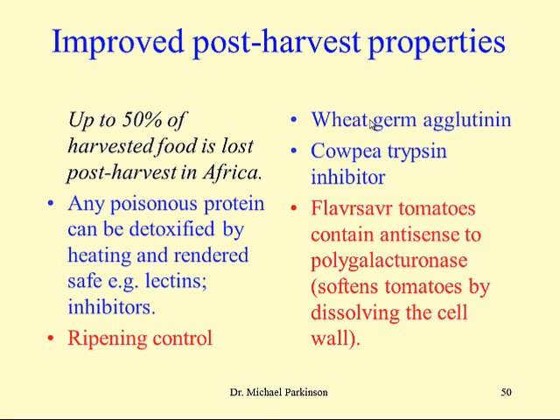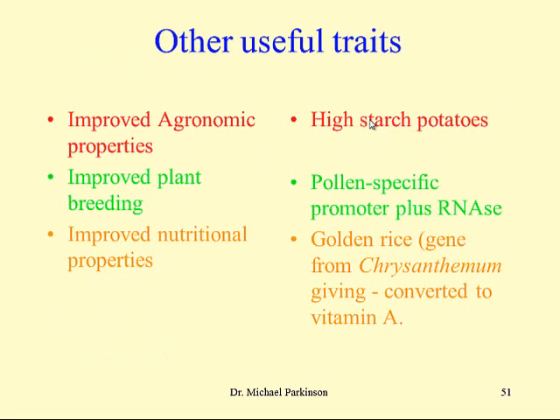Ripening control has been introduced into plants, as I said, by Flavr Savr tomatoes. But you can also include things like wheat germ agglutinin, which is another lectin, or cowpea trypsin inhibitor. Other useful traits you can put in are improved agronomic properties, like high starch potatoes, improved plant breeding.